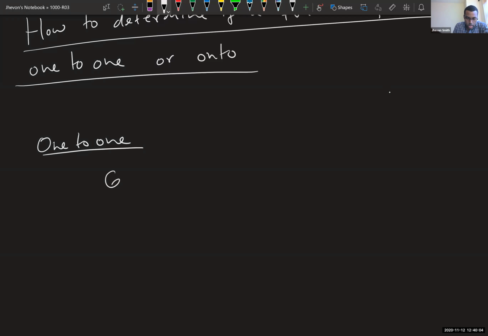This means it's a function that passes the horizontal line test.